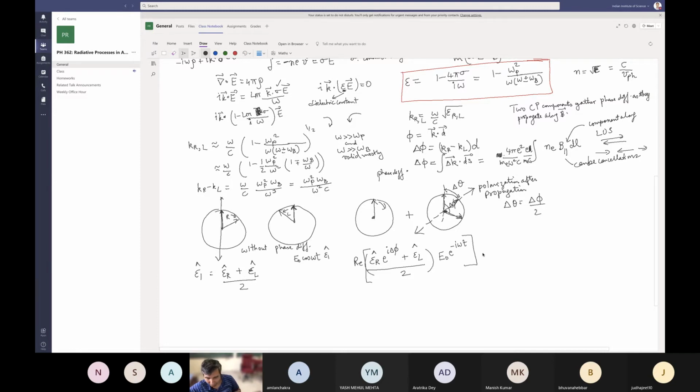Right, if you take the real part of that, what do you get? You get epsilon 1 plus i epsilon 2 hat e to the minus i omega t. So if you take the real part of this, what do we get?